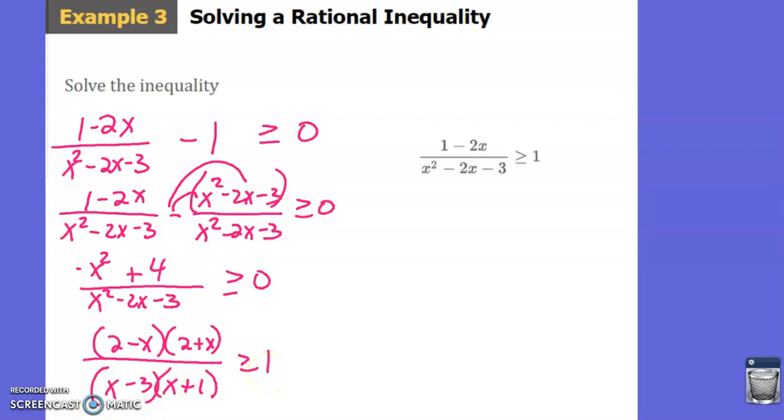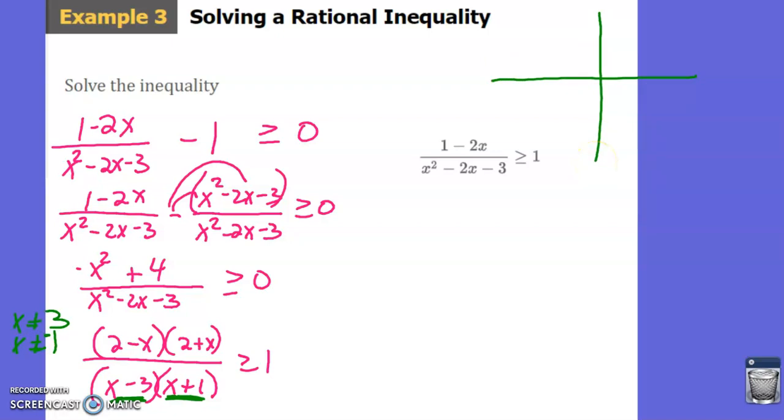Now, from this, you can see a couple things. You can see what the zeros in the denominator are. So you can see what x cannot equal: x cannot equal 3, and x cannot equal negative 1. So those are going to be my vertical asymptotes, if you think of what the graph looks like.